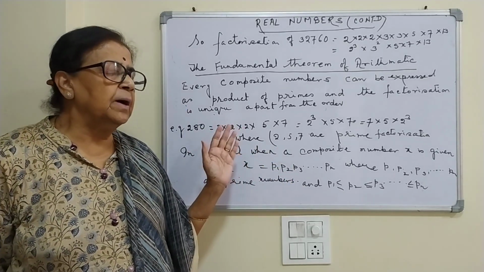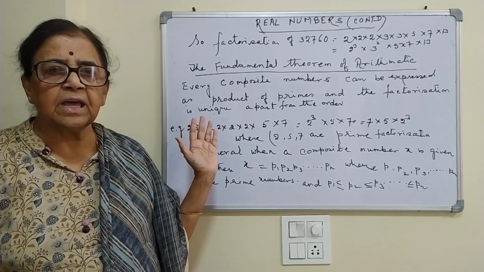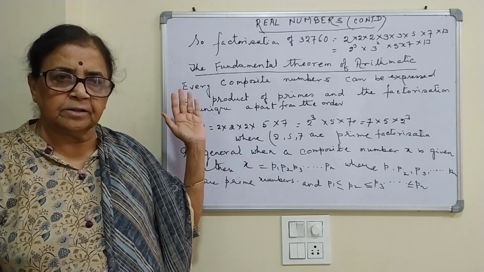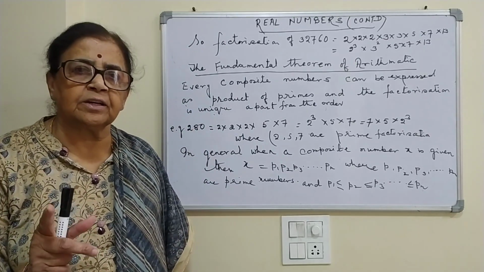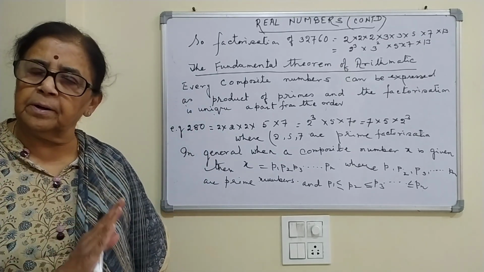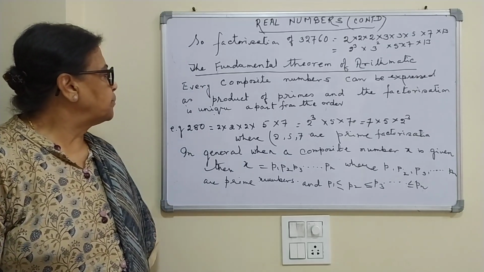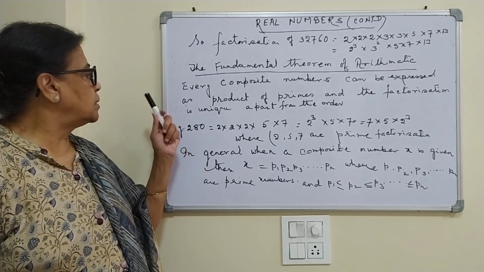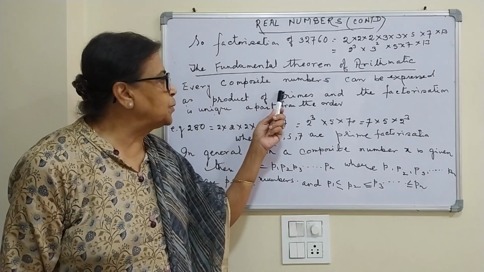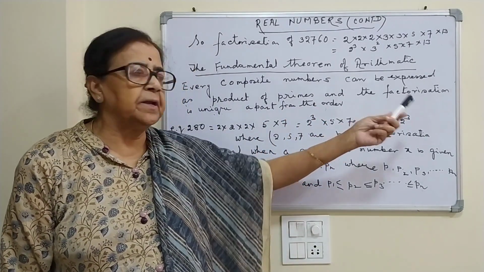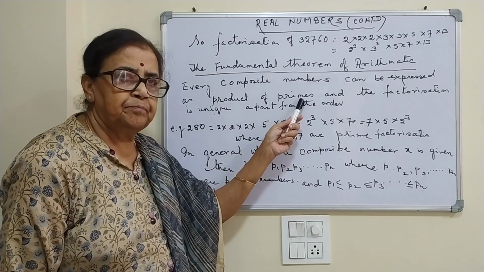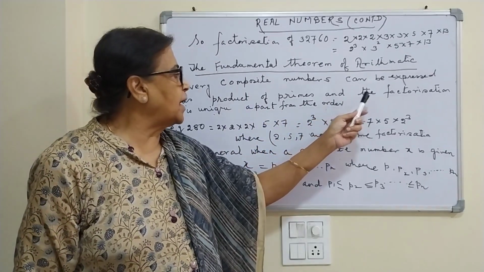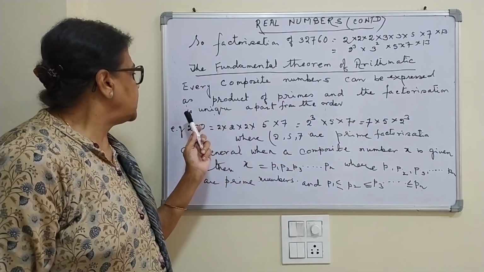So composite numbers have more than 2 factors, and a prime number has only 2 factors, one and the number itself. Okay.